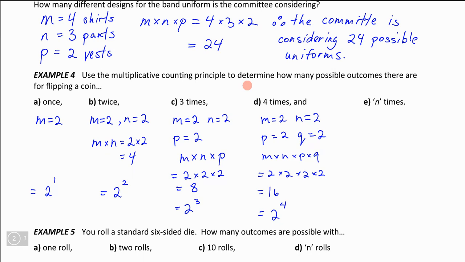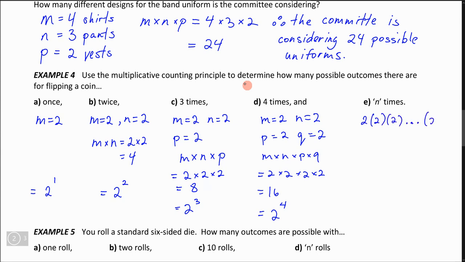And for N times you flip the coin, you're just multiplying 2 times 2 times 2, however many times, N times. Well, how do I find the answer to that? You might see the pattern that it's simply 2 to the power of N is the total number of possible outcomes.